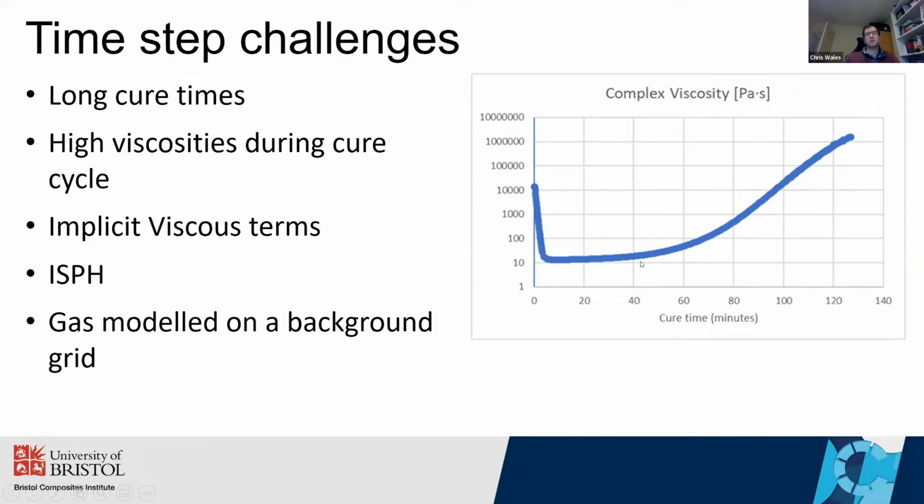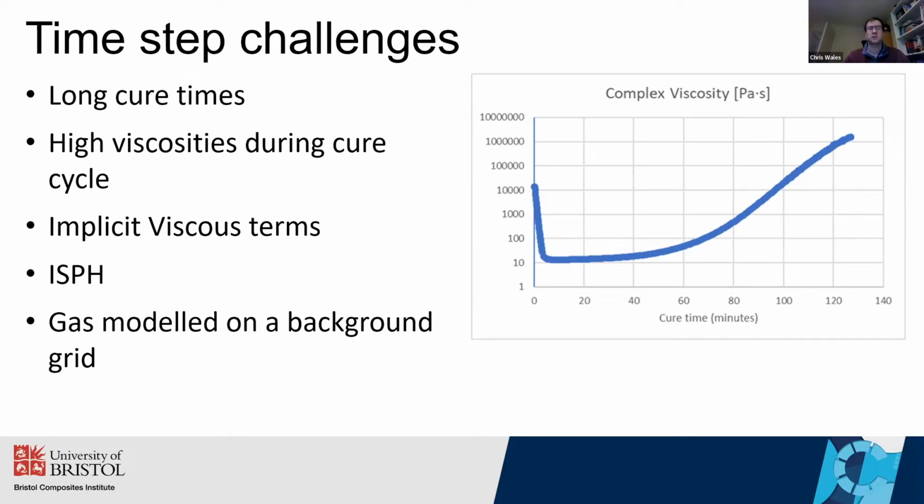Then the viscosity starts going up, which is effectively as the resin begins to cure and get cross-linking in the matrix. The region we're primarily interested in is this region here, where most of the void consolidation occurs.